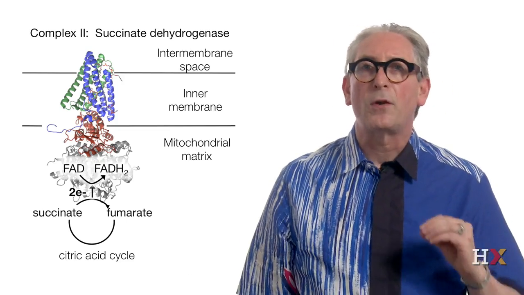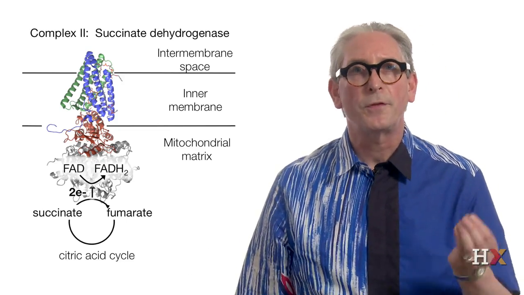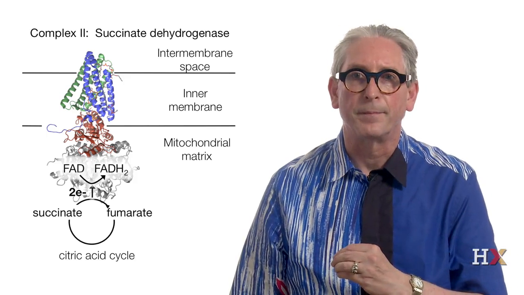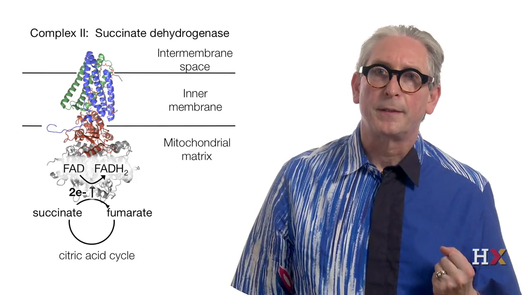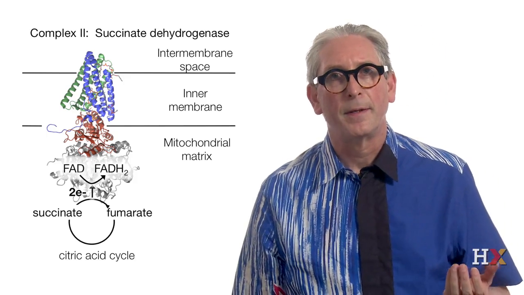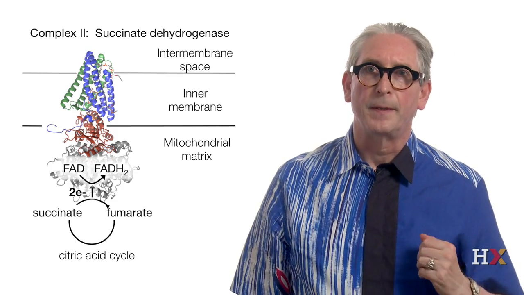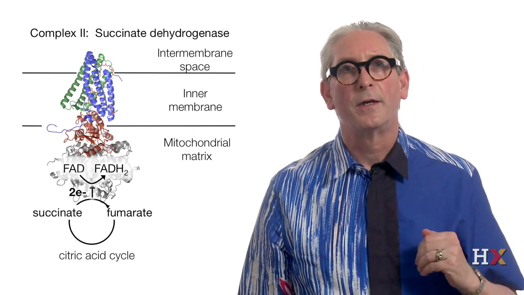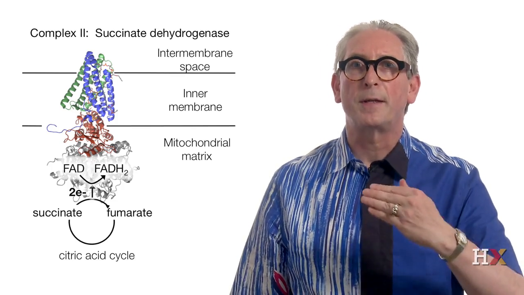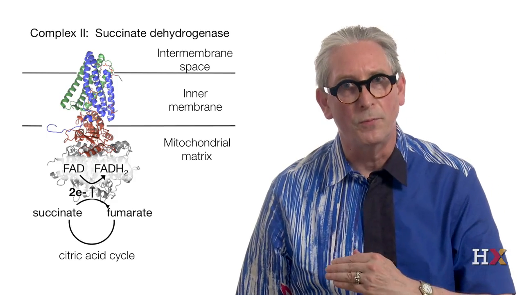So this enzyme contributes both to oxidative phosphorylation and to the citric acid cycle. In the citric acid cycle, succinate dehydrogenase catalyzes the conversion of succinate into fumarate. One of the subunits of the enzyme contains FAD. So during the oxidation of succinate, electrons and protons will be transferred to FAD to form FADH2.